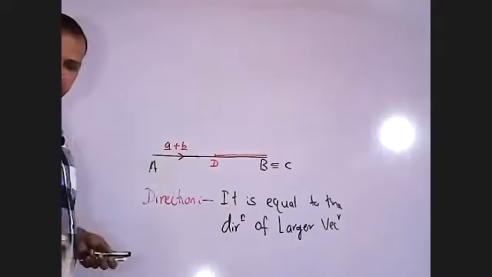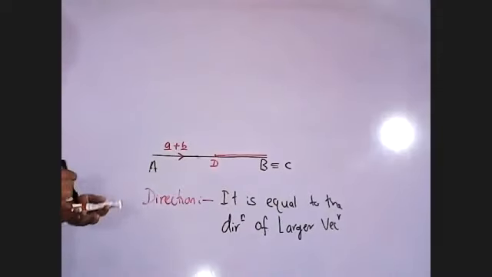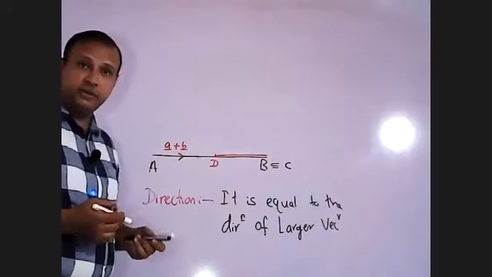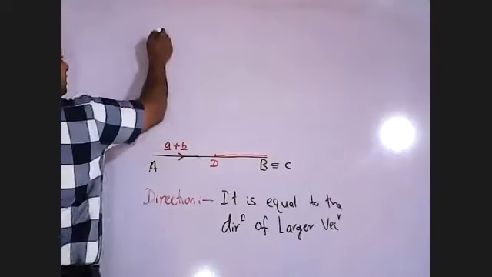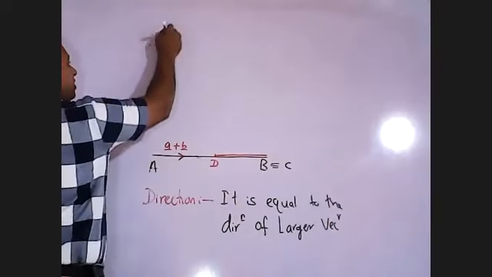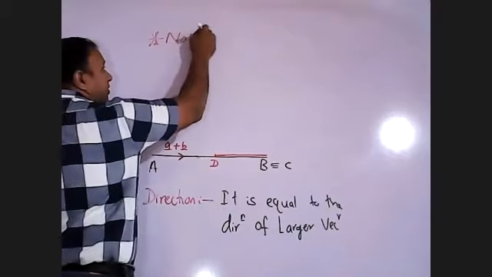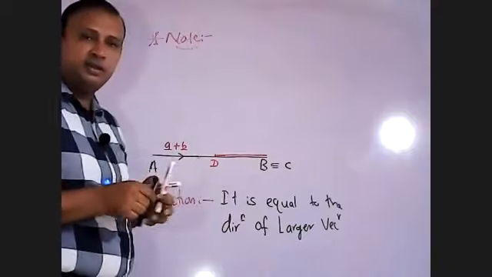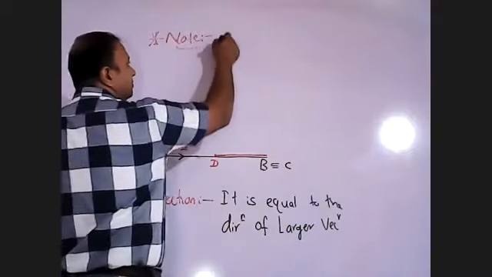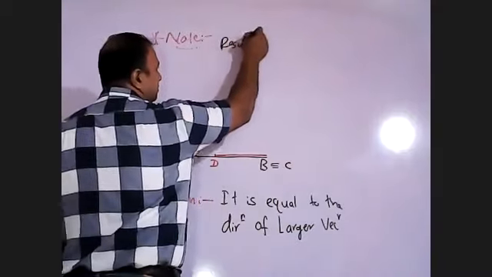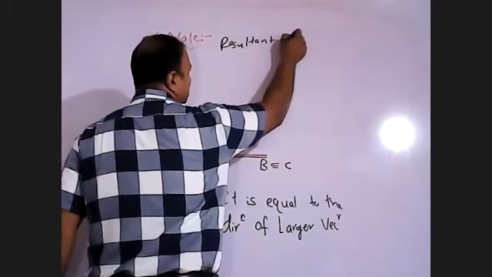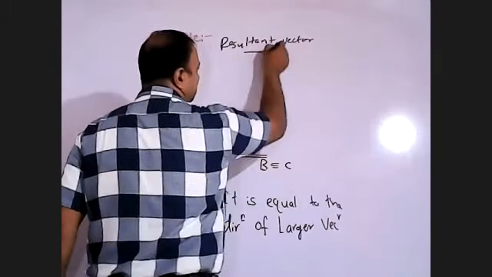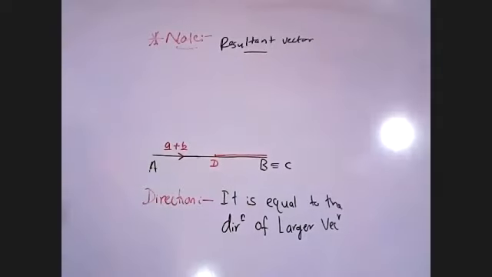Then I will give the note for that one. Write a special note. That is resultant vector. This is a special note.